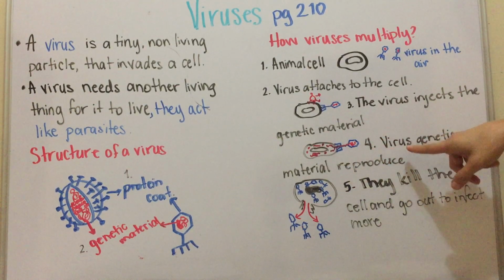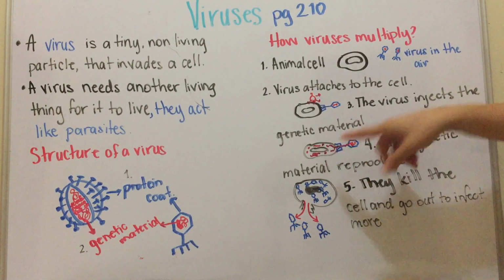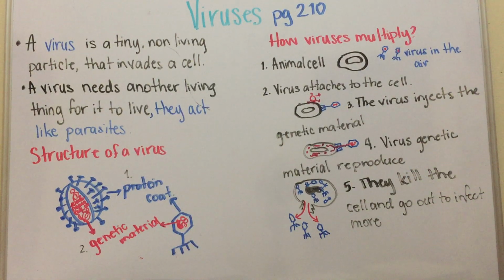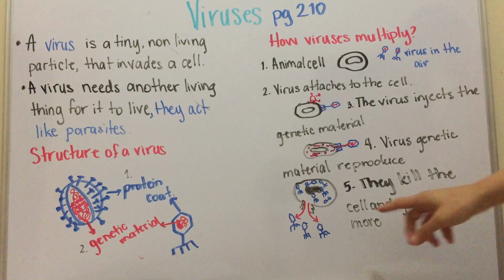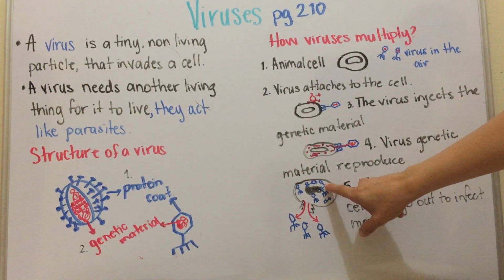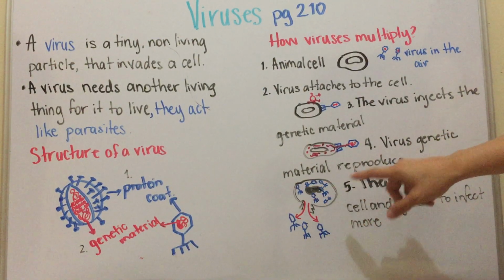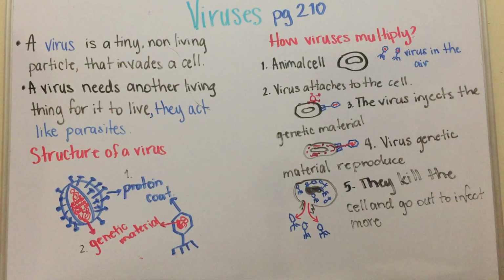Once it's infected with the genetic material of that virus, the cell starts producing more viruses, because remember, they injected their genetic material. So your cell gets confused and it starts producing more genetic material. And once the genetic material has been multiplied, they start producing more viruses. They produce more viruses and they infect the whole cell.